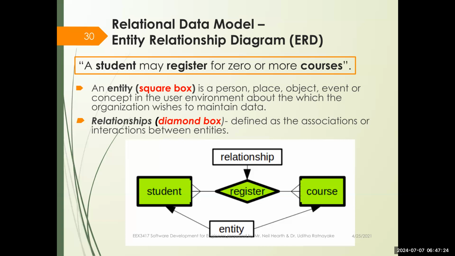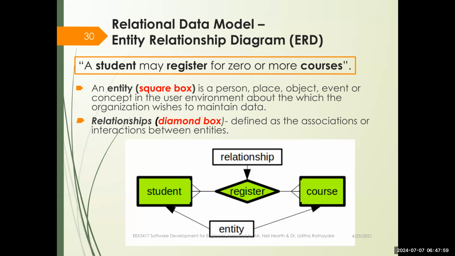For this statement, we can write an entity relationship diagram. How? We get all the nouns and verbs from this sentence. One noun is student, the other noun is course. So we can put entities as a square box.